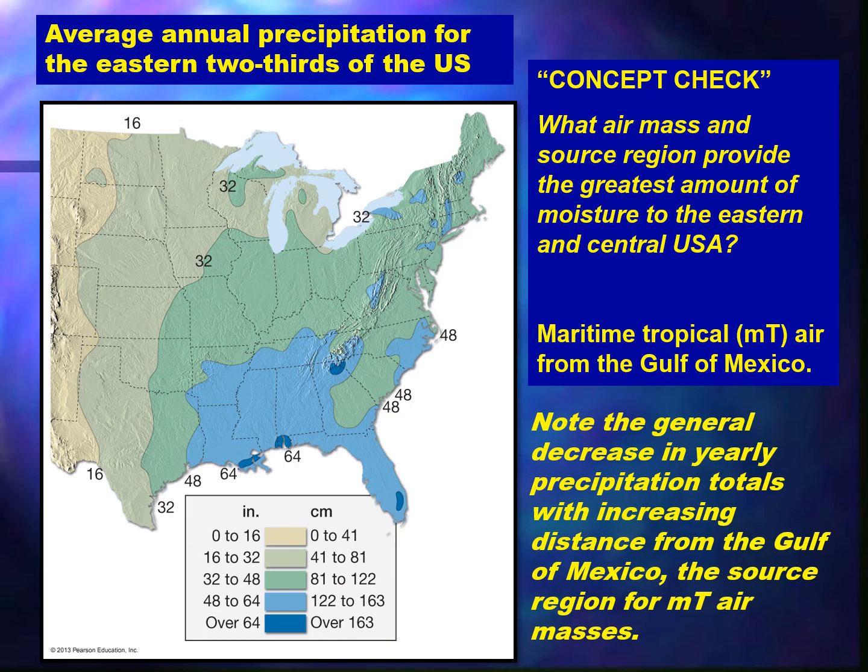And then you see here in the map, the different color shades are showing you average annual precipitation in inches and centimeters for these different areas. So the Gulf Coast states get a lot of rain from these maritime tropical air masses coming from the Gulf of Mexico.